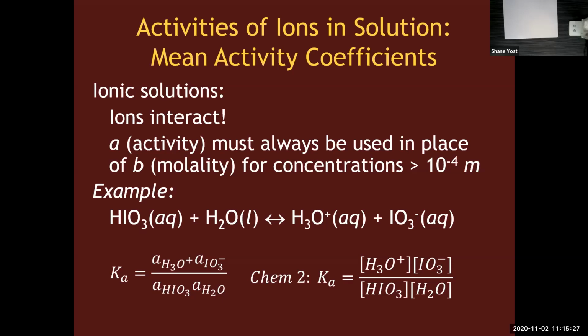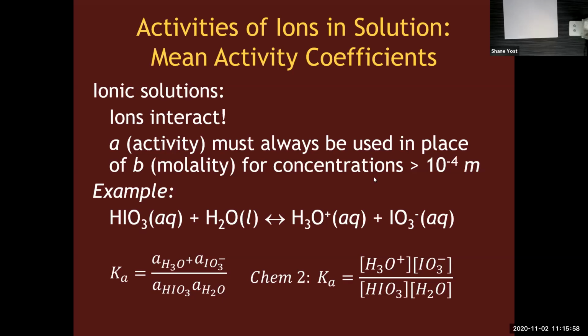And so often for ions in solution, the actual concentration of those ions is not related to what we typically use in general chemistry, which are the ideal concentrations, the ideal situations. In real solutions, we want to consider the activity, the effective concentration, not the idealized concentration of ions in solution.